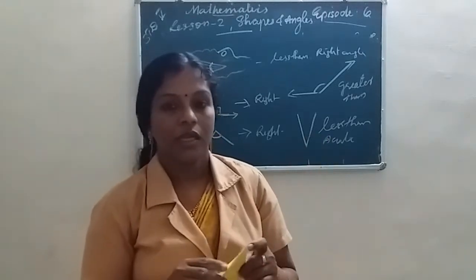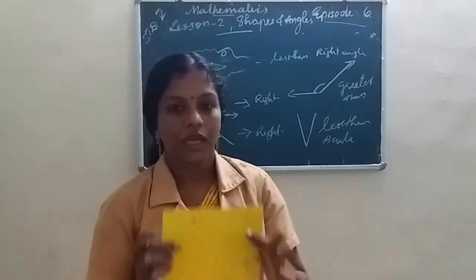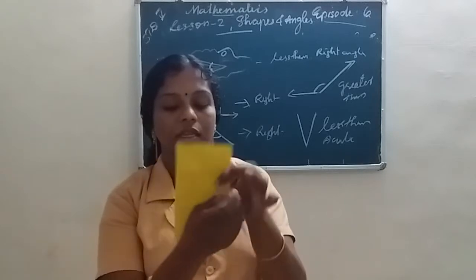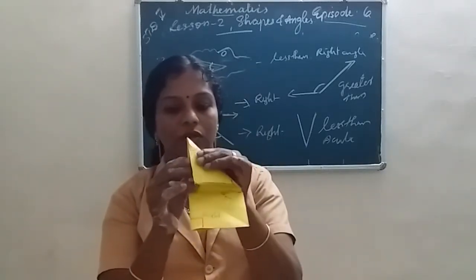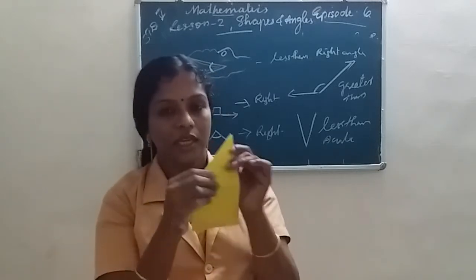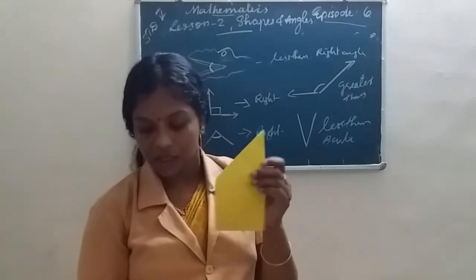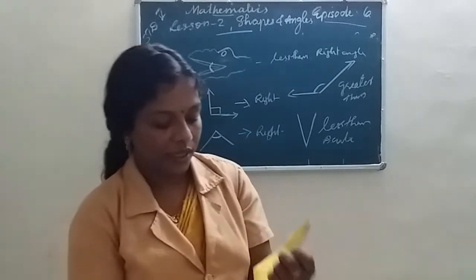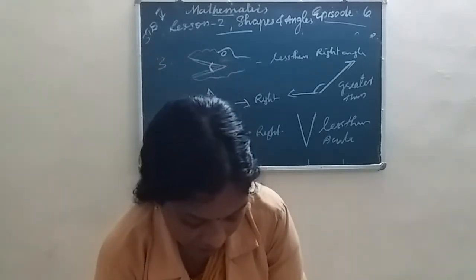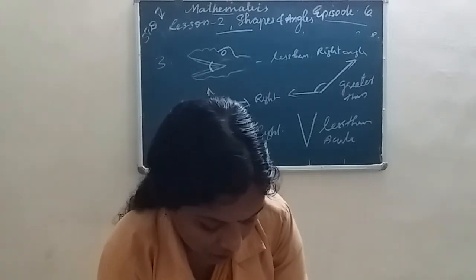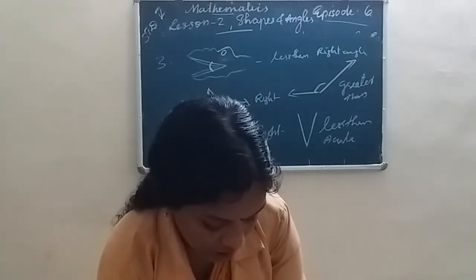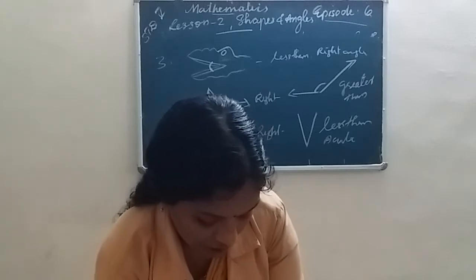Take a square sheet of paper, fold it and fold it again, and open that portion. Again you close it. You get 3 types of angles. First is right angle. Right angle, less than, and this one is greater than.